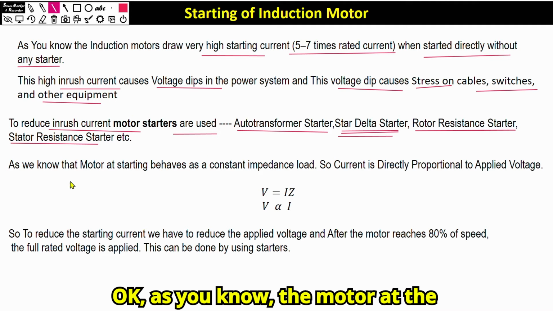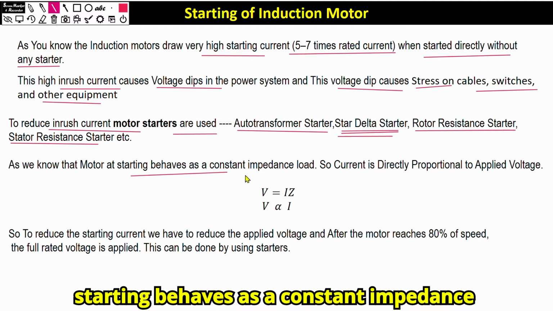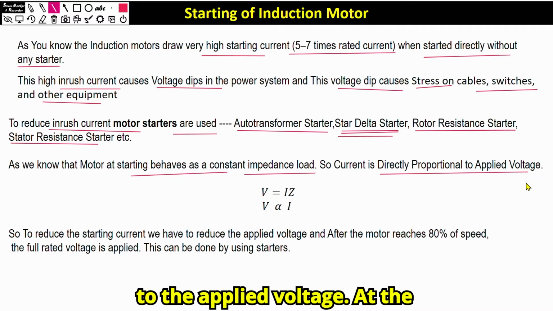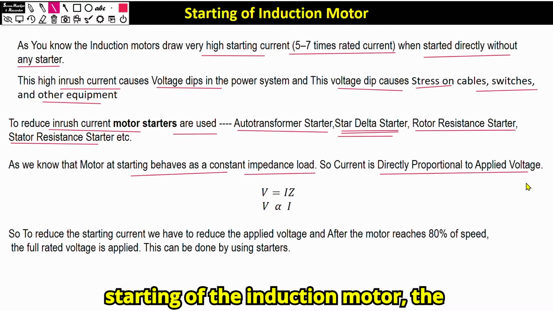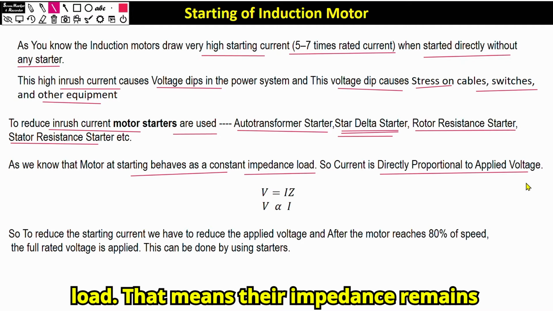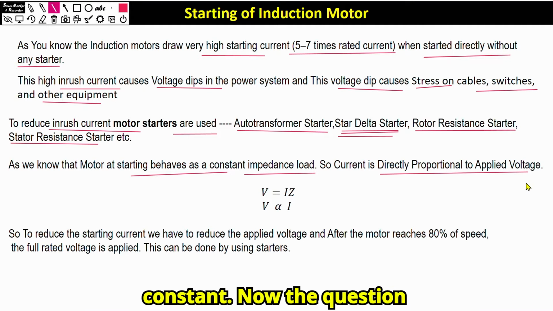As you know, the motor at the starting behaves as a constant impedance load, so current is directly proportional to the applied voltage. At the starting of the induction motor, the motor behaves as a constant impedance load. That means its impedance remains constant.